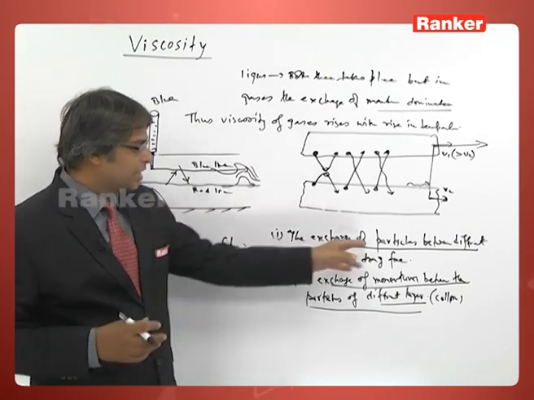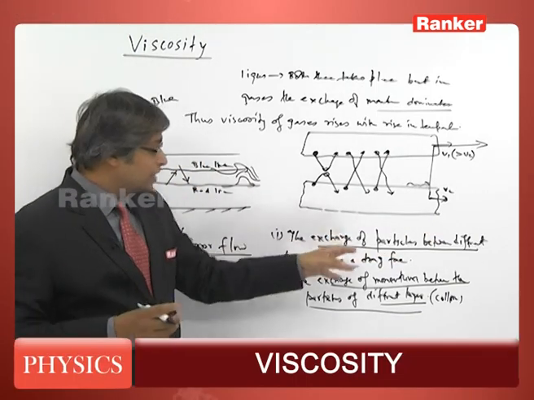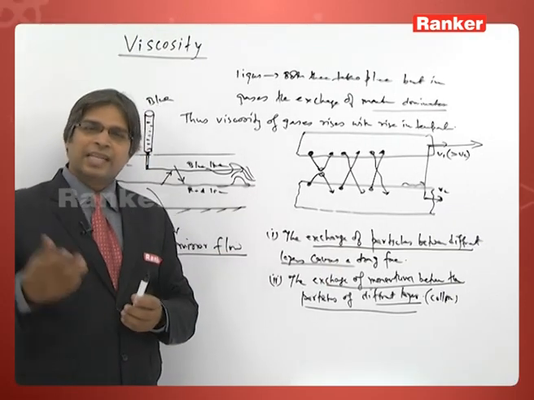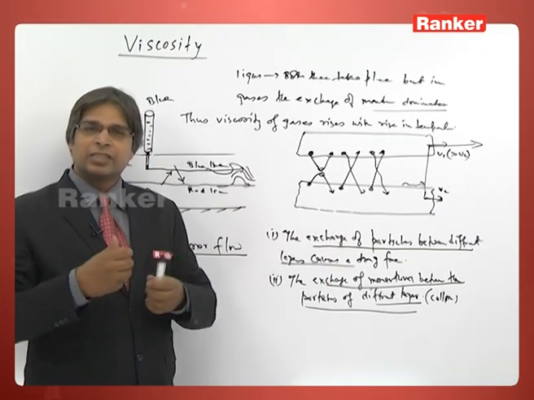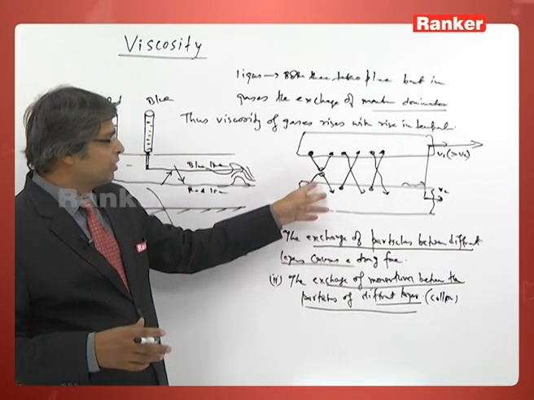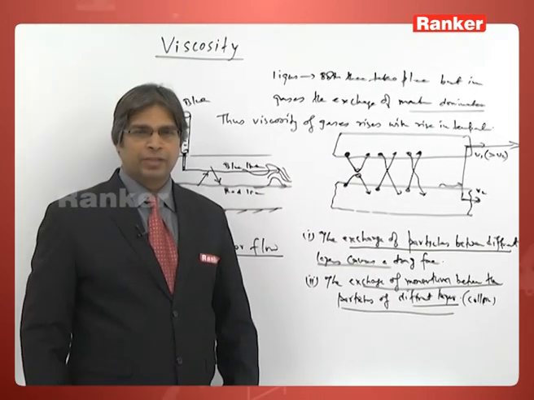Whereas in liquids, the viscosity is because of exchange of particles between different layers. With rise in temperature their molecular velocities increase, but this is not so much affected. So, their viscosity actually decreases with rise in temperature.